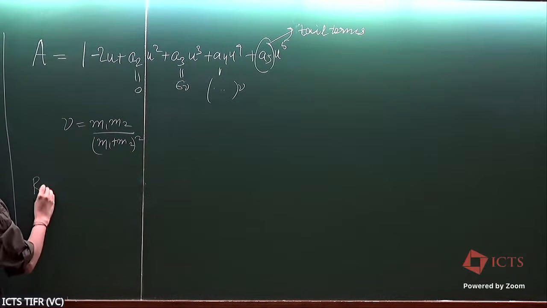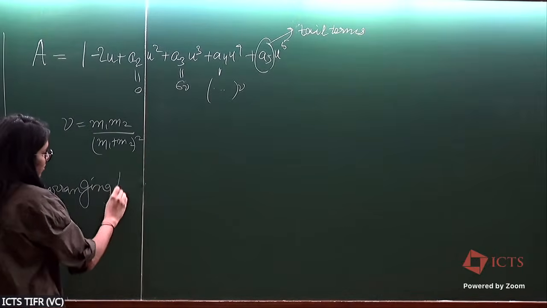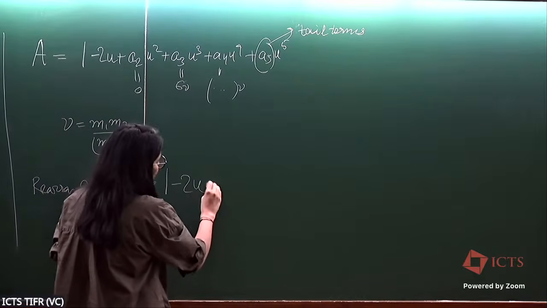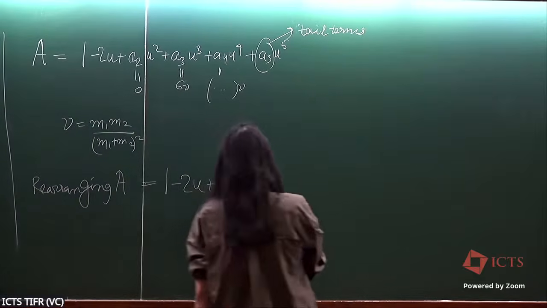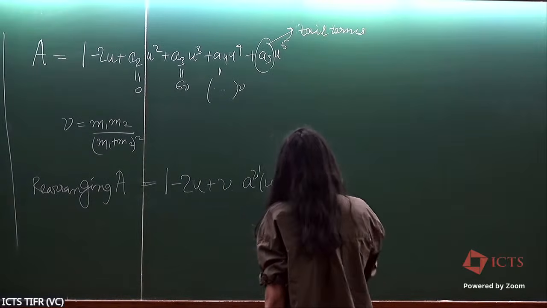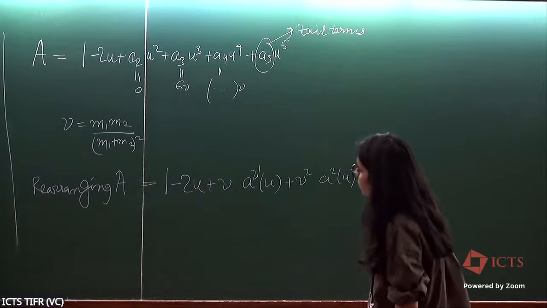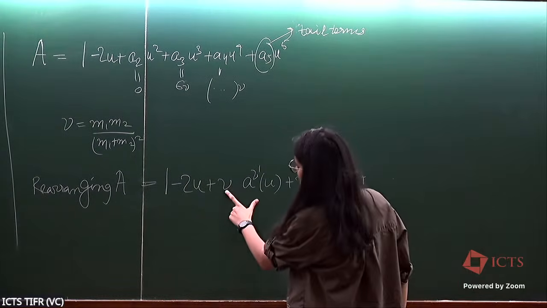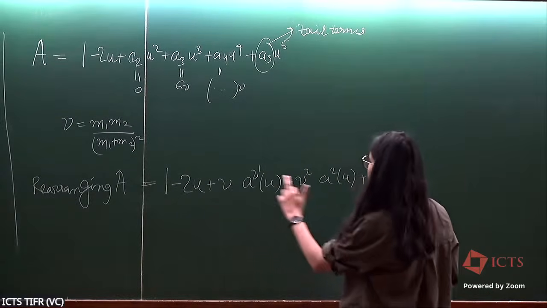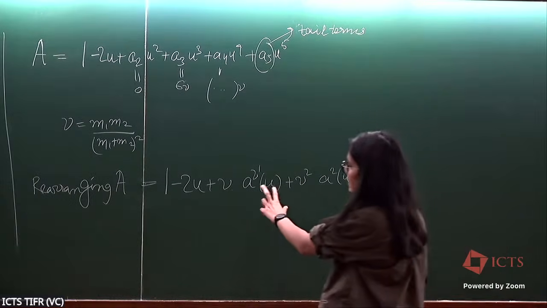So rearranging A, we get that this is 1 minus 2u, plus some correction dependent linearly on nu, some terms dependent quadratically in nu, etc. And this is exact in u.